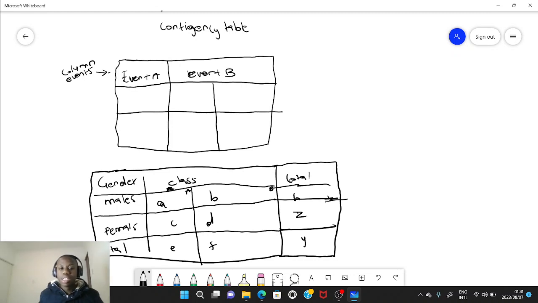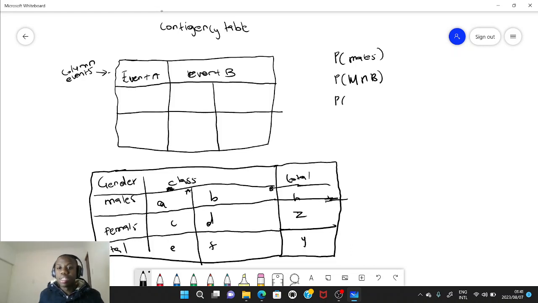So what if I were to say determine the probability of finding males? Here's the question, right? And what if I said the probability of finding a male who's in class B, right?